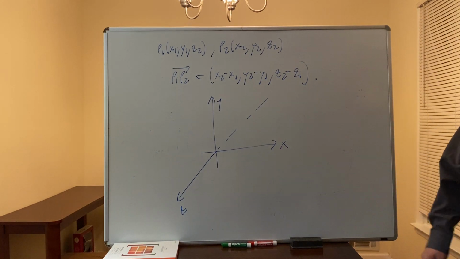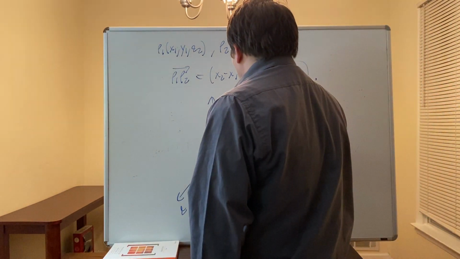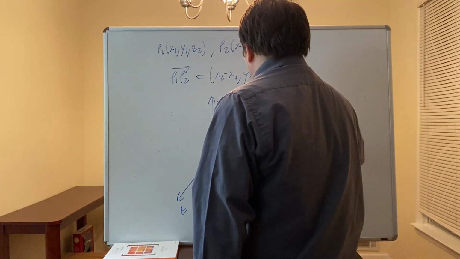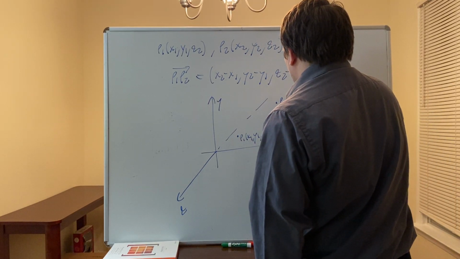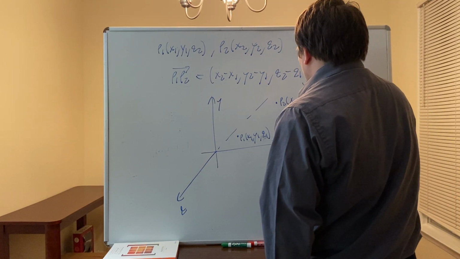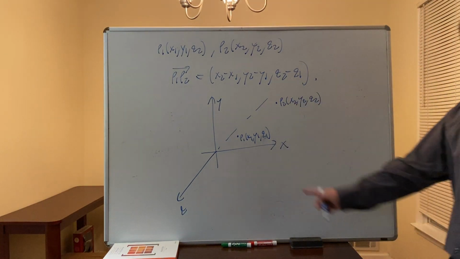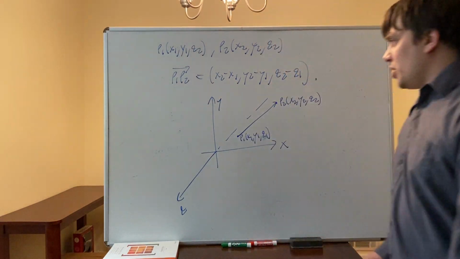Because we're living in three space, and so if we have a point P1 here, x1, y1, z1, and then we have a point P2 here, let's say. I'll make this easy to visualize with this example. So if we start at P1 and we end at P2, then the vector P1, P2, you're living in three space.